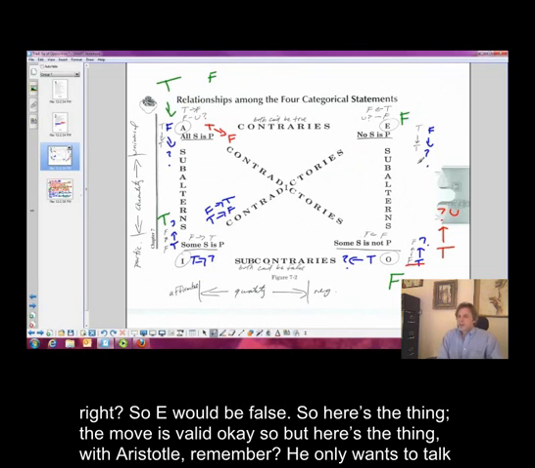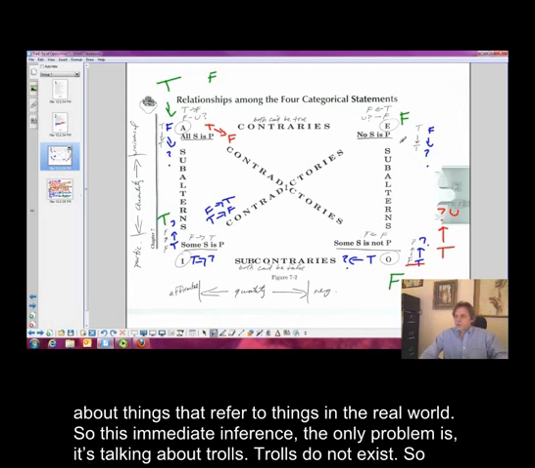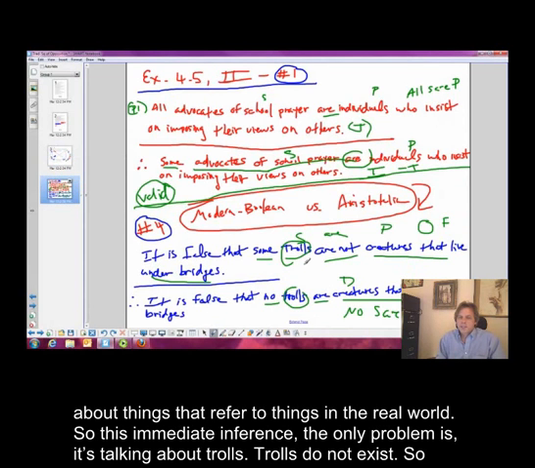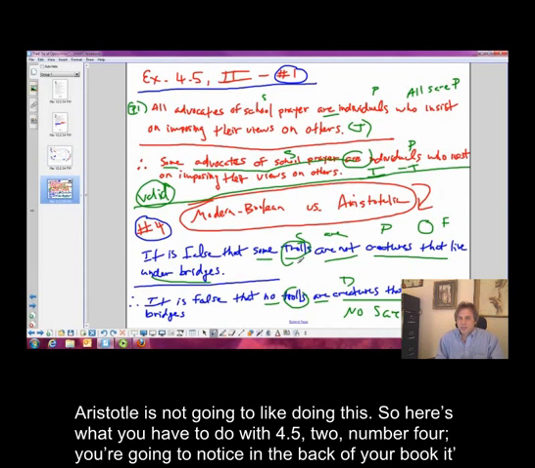So here's the thing. The move is valid. But with Aristotle, remember, he only wants to talk about things that refer to things in the real world. So this immediate inference, the only problem is, it's talking about trolls. Trolls do not exist. So Aristotle's not going to like doing this.